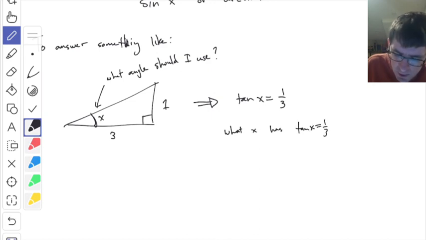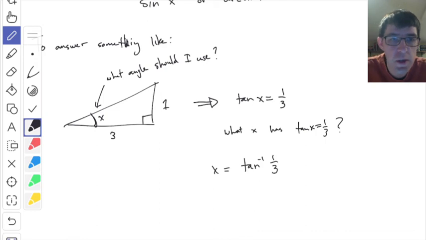And the answer is, well, we write it this way: the inverse tangent, or the arctangent, of 1/3. And there is a button on your calculator which does that. So this is the purpose of these functions. This is why you would want to use them: to find some angle which has some tangent or sine or cosine. And there are even arccotangents or whatever. They're less useful.